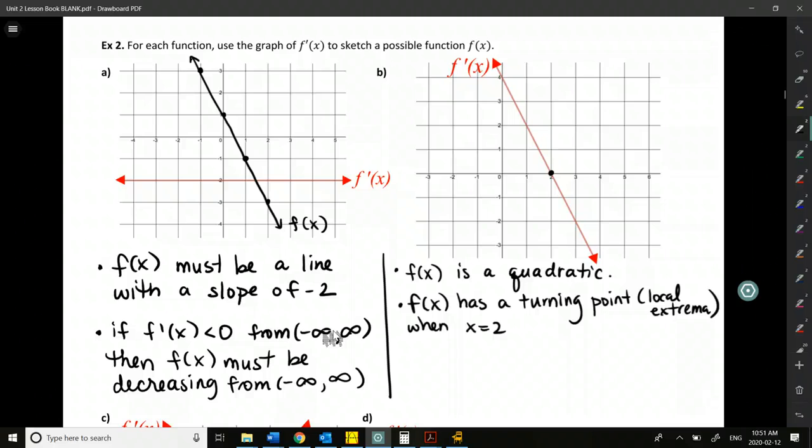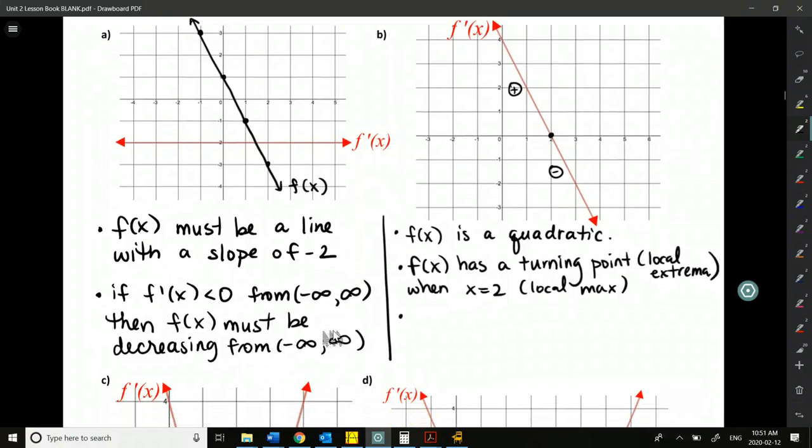Okay, what else does the graph of the derivative tell us about f at x? Okay, so we're changing from positive here to negative here, so this must be a local max. And what else do the positive and negative parts of the derivative tell us about f at x? Where is f at x increasing and where is it decreasing?